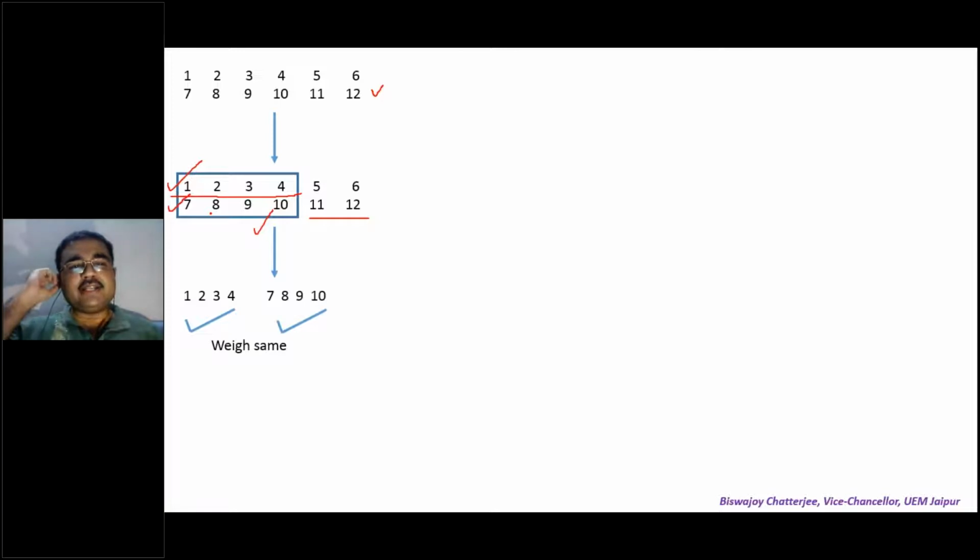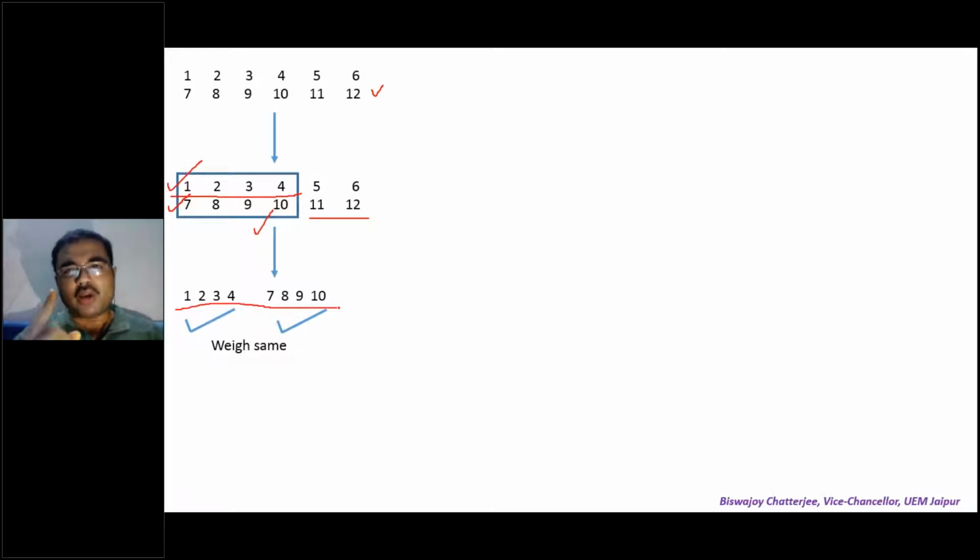You can comment that these 8 coins are proper, because had the faulty coin, heavier or lighter, been present within 1, 2, 3, 4, 7, 8, 9, 10, then one side of the weighing scale would have gone down and the other side would have gone up. But they are on the same level, showing that they measured the same.